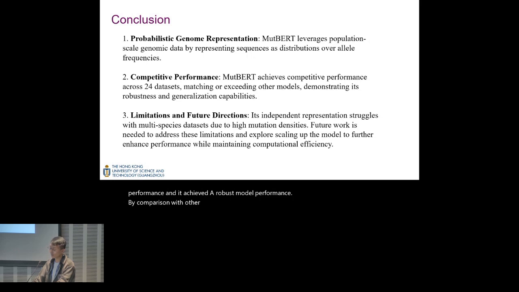And in the future, we can scale the model size up and incorporate multi-species datasets to enhance the model performance. And we also can explore deeper variant and covariant modeling to improve the performance.